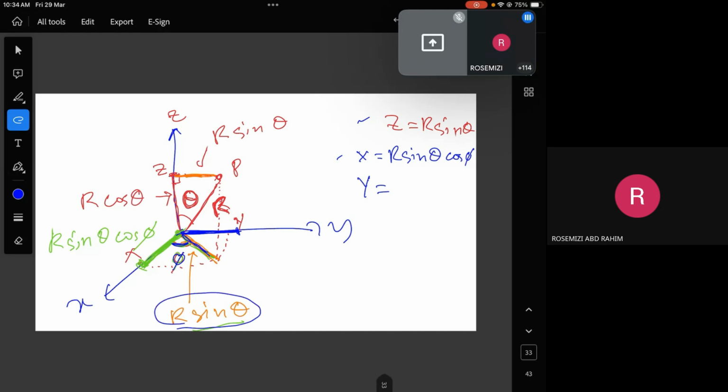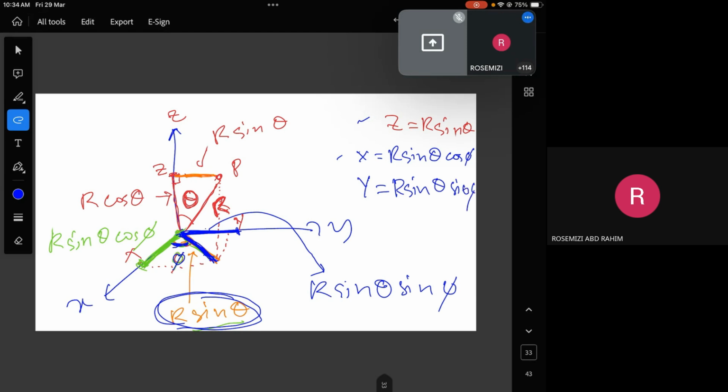So this one will be equal to this distance times sine phi. Okay? This distance is equal to R sine theta. So sine phi. R sine theta sine phi.